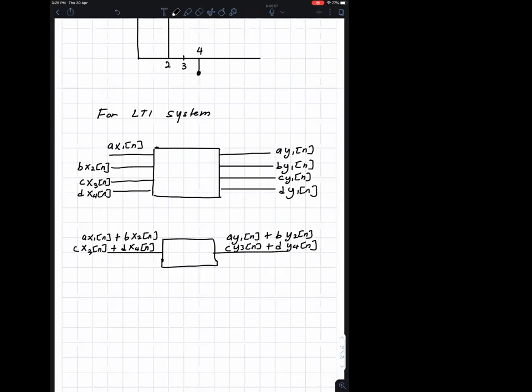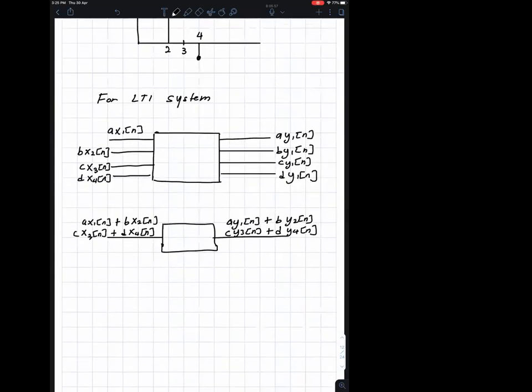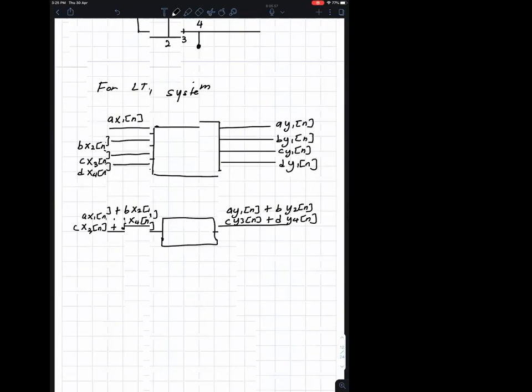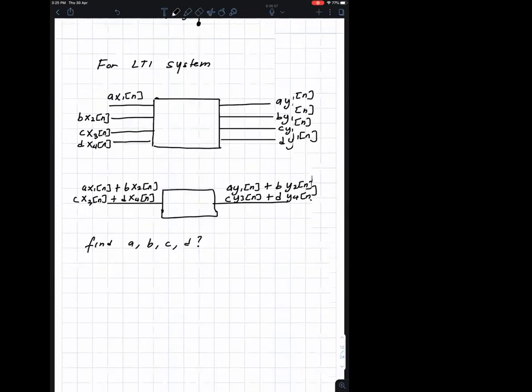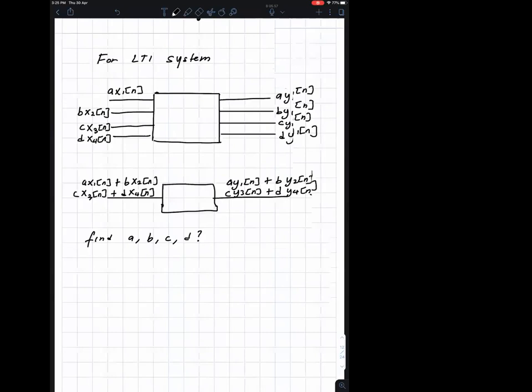Okay. Now applying this to the previous problem, we need to find A, B, C, and D. Okay, so let's start.